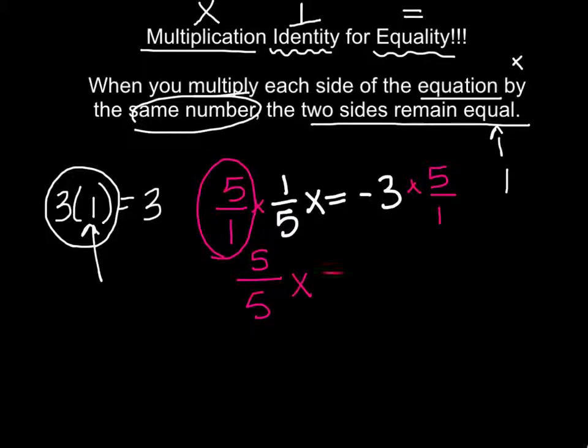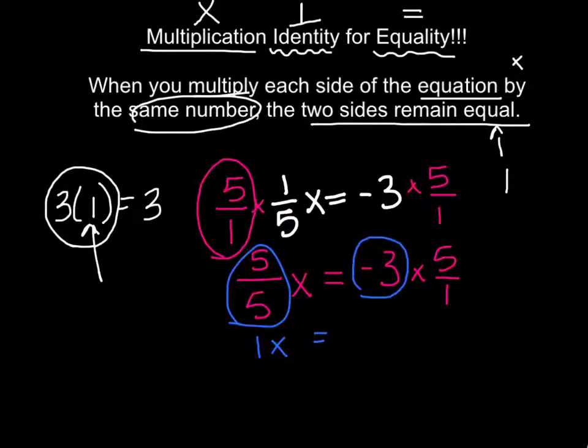x is equal to negative 3 times 5 over 1. So we're going to first simplify this left-hand side. We end up having 1x is equal to negative 3 times 5 over 1.